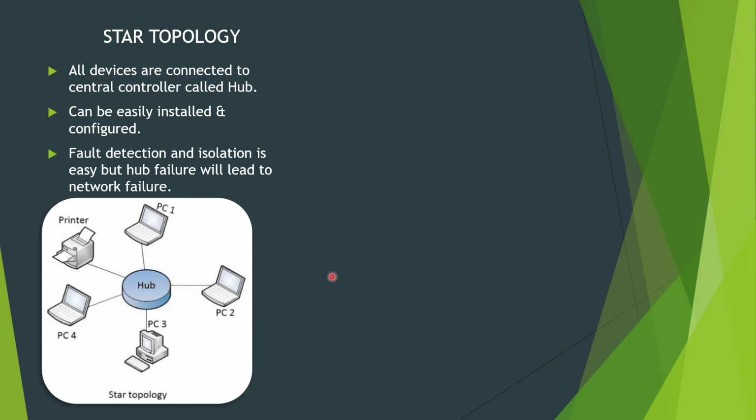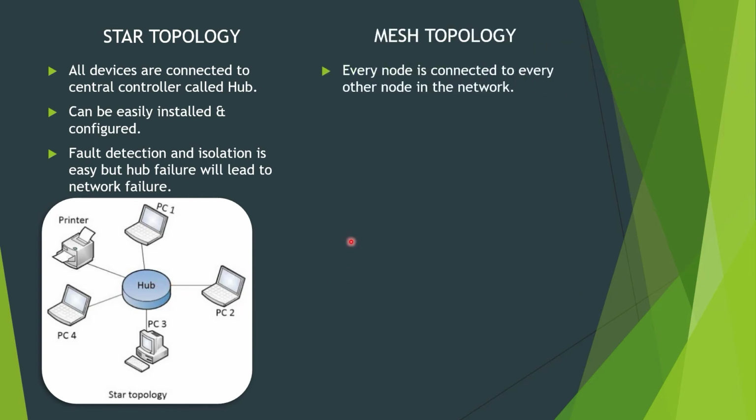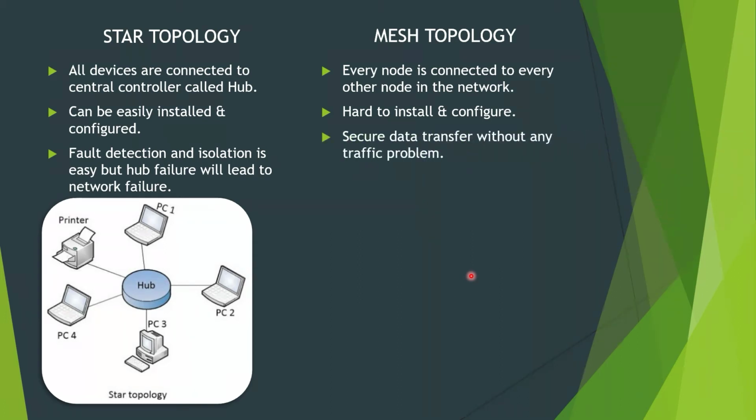Now, mesh topology. In mesh topology, every node is connected to every other node in the network. So, it appears to be a mesh. It is hard to install and configure, as we have to connect every single node to every other single node. Secure data transfer without any traffic problem, as we are connecting each node to every other node, so it provides better security.